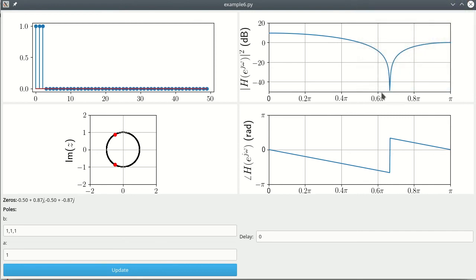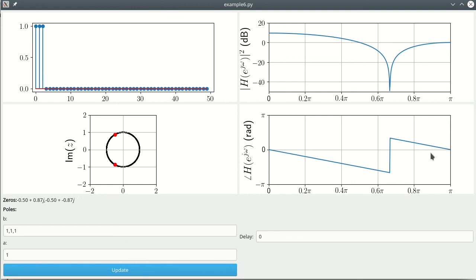However, we don't care, because at 2 pi by 3 and 4 pi by 3 the filter response is 0, which means the filter blocks that frequency. So who cares what the response is? Both to the left of 2 pi by 3 and to the right of 2 pi by 3, as well as at 4 pi by 3, it is the same thing. The phase response is actually linear and has the same slope.